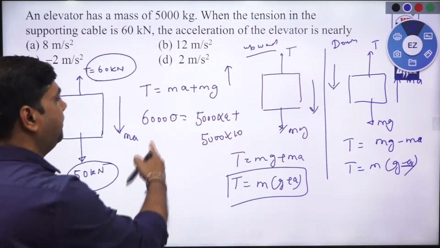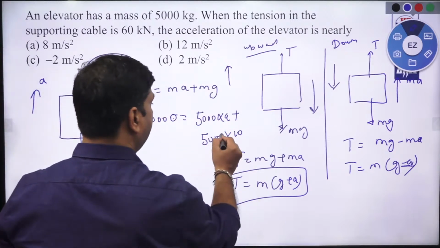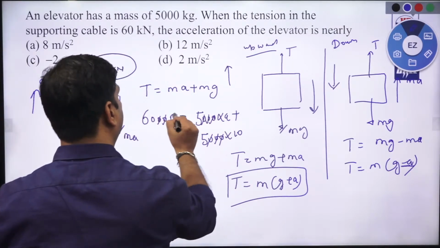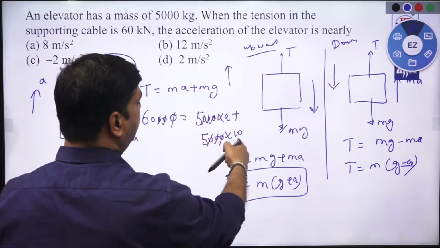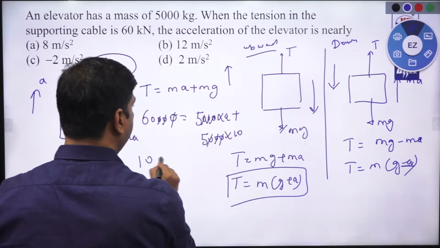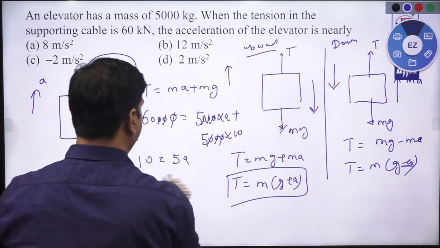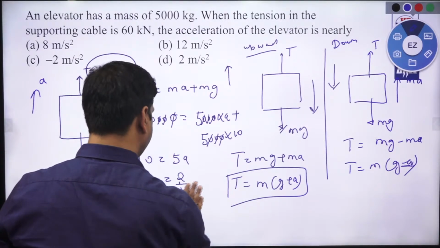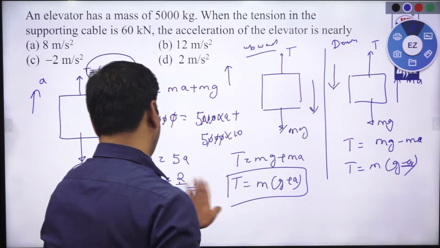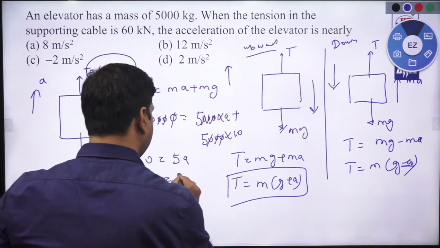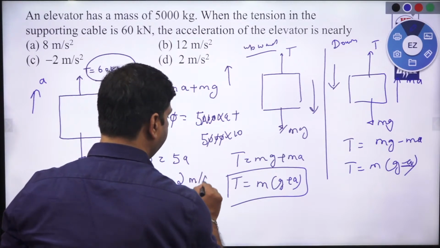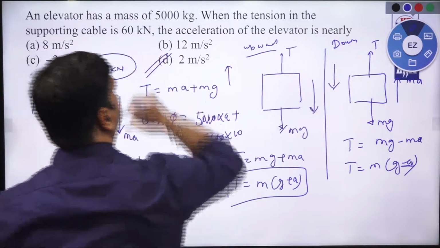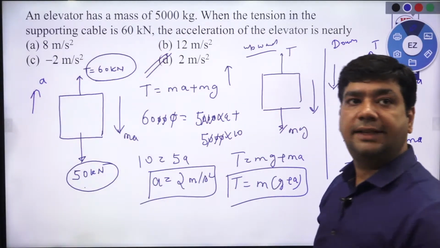So dividing through and subtracting, 60 minus 50 equals 5 of a. So the acceleration comes to be 2 meter per second square. Okay, so the answer is D. Did you get it? The answer is D.